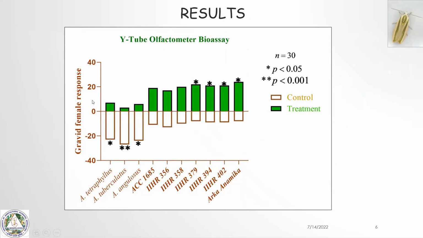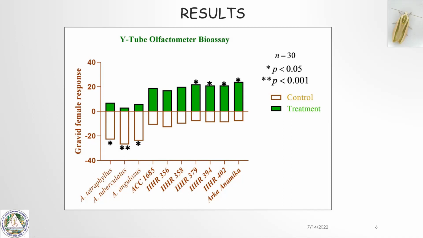Chi-square tests were followed for this data, and it highlighted that 4 genotypes were found to be highly attractant, and the 3 wild species showed a negative behavioral response of gravid female moths. By comparing both ovipositional preference bioassays and the behavioral bioassay by white tube olfactometer, the host plant Arka Anamika, a cultivated variety, shows more attraction toward the gravid female moth.